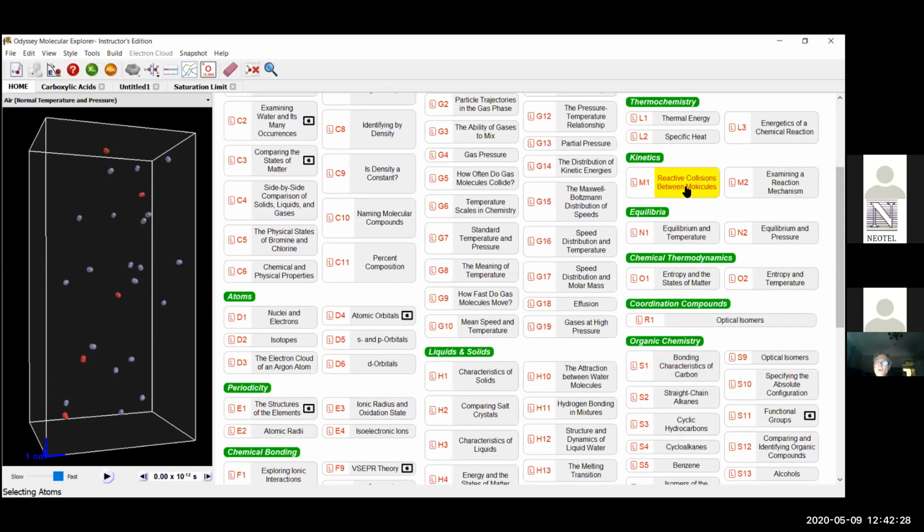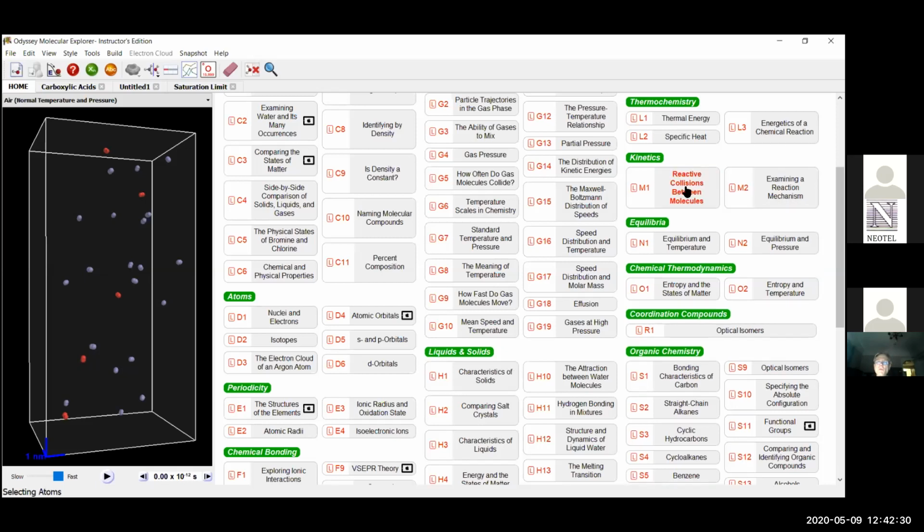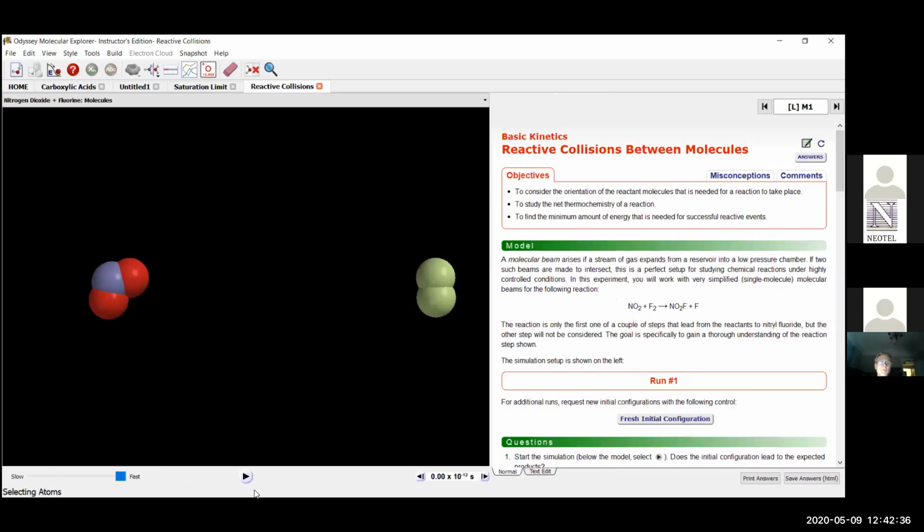For example, if I go here to reactive collisions between molecules, the reaction is shown on the right side. It's not a household reaction, nitrogen difluoroxide and fluorine, but it's something that we have worked out in great detail.